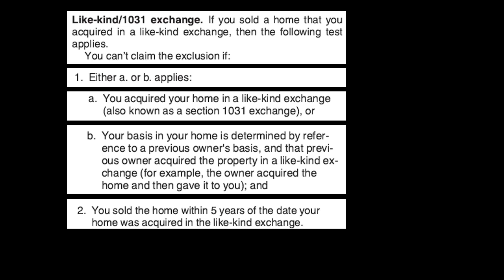If we had a 1031 exchange, that typically is something that we can't use in order to get the exemption. Well, what if there's a case where there was a 1031 exchange, but the home was then gifted by the person who had the 1031 exchange to some other person, and then you had the home sale? Well, when a gift happens, typically the gifted property is going to have the same basis as the basis of the prior owner, and therefore you still could be restricted from taking the exclusion in that situation.